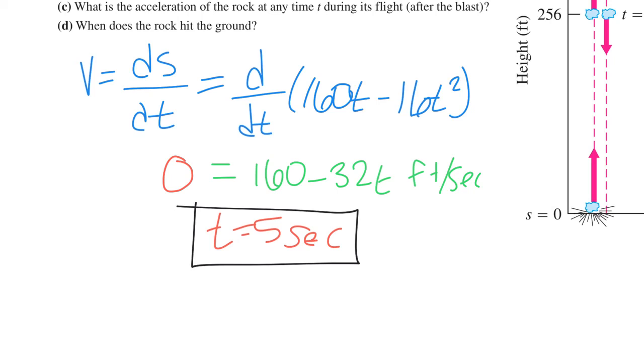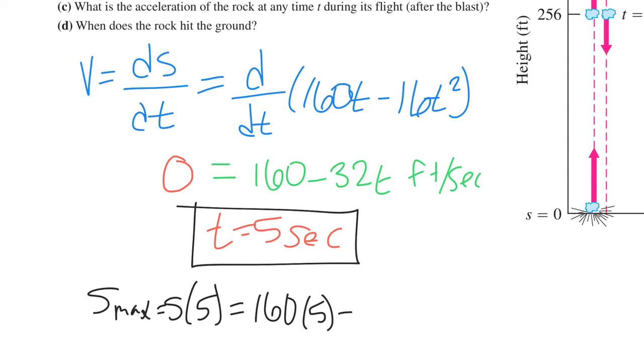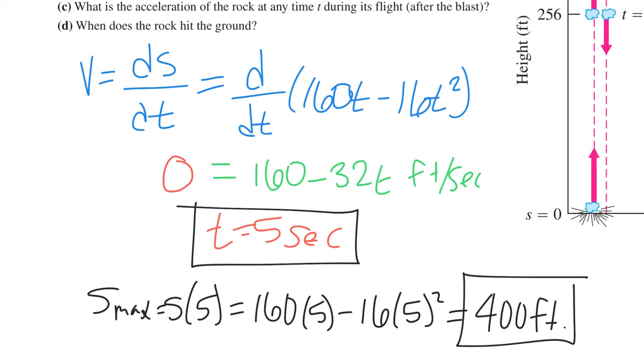So we will say S max is equal to S of 5, which is 160 times 5 minus 16 times 5 squared. And if we calculate all that out, that is equal to 400 feet. So the maximum height that this rock goes is 400 feet.